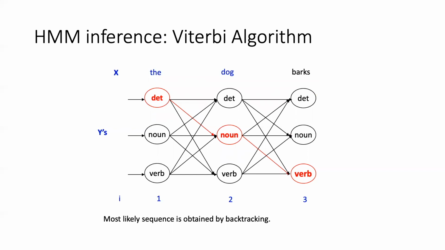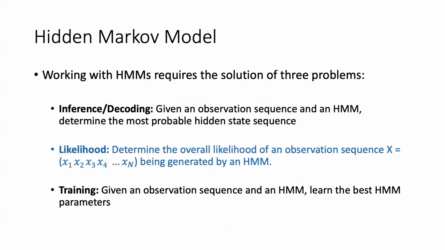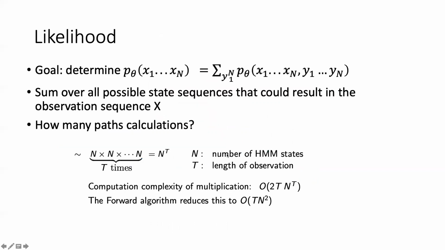This is similar to the dynamic programming you might already be familiar with. And the second problem is the likelihood computation problem. Here the goal is to determine the likelihood of the data, p theta of x1 up to xn, given the observation sequence x1 to xn.